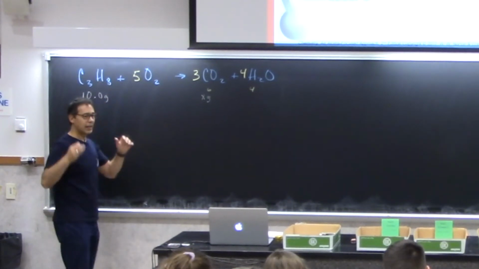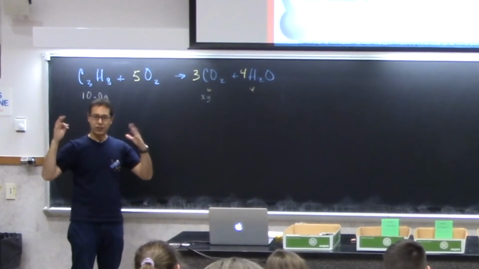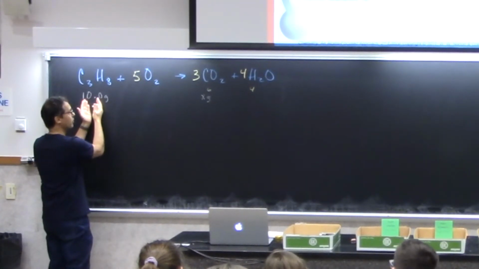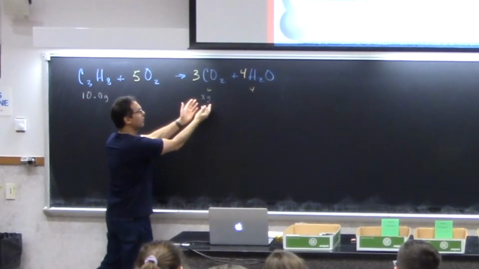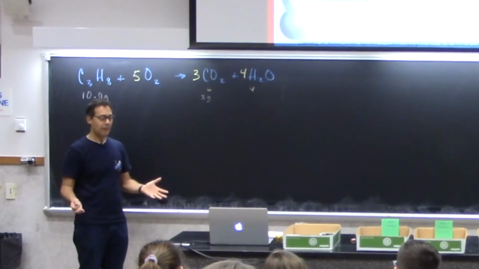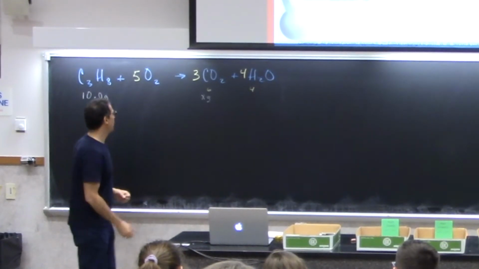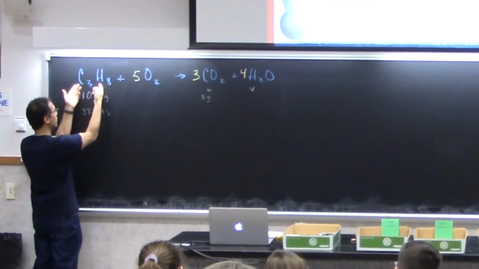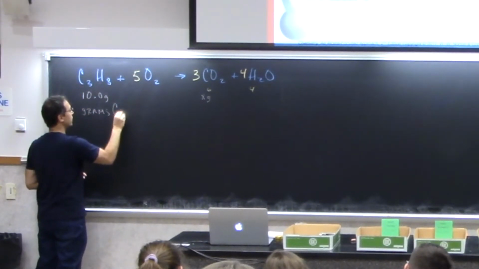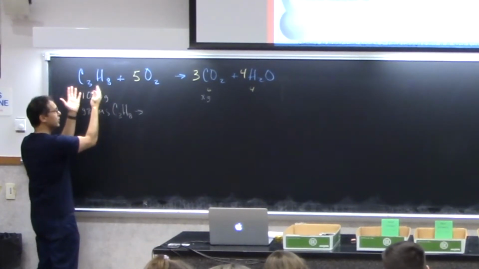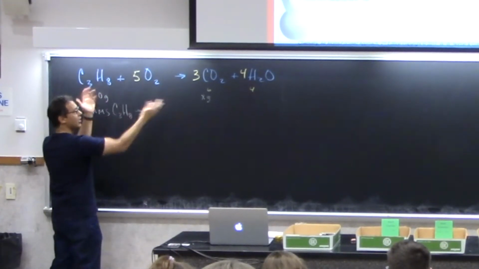Now just kind of mentally, the steps that we're going to do: we can't just say, I've got 10 grams of propane, therefore I must have 10 grams of carbon dioxide, because these have different masses and such. So we can't just say that. But what we can do is go from grams of our propane here, C3H8, and convert it into something that is actually a comparison.